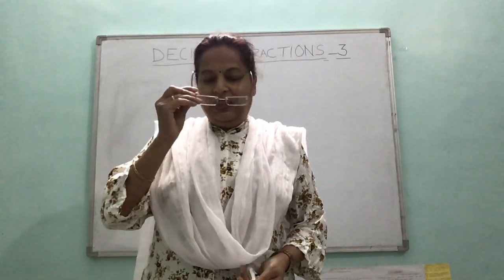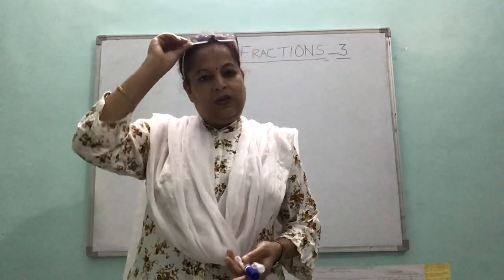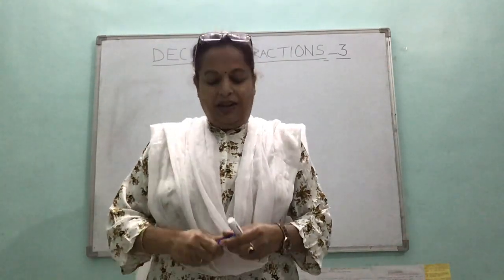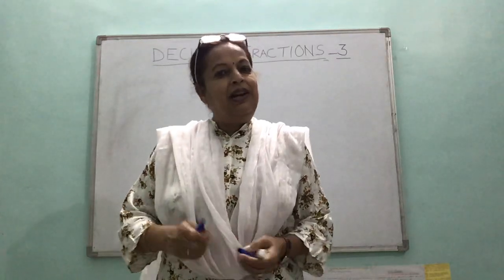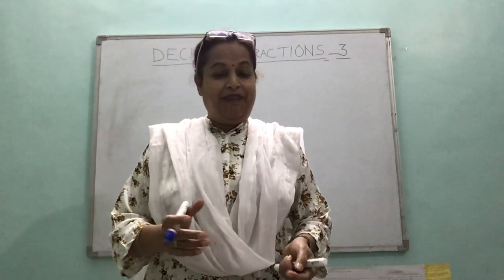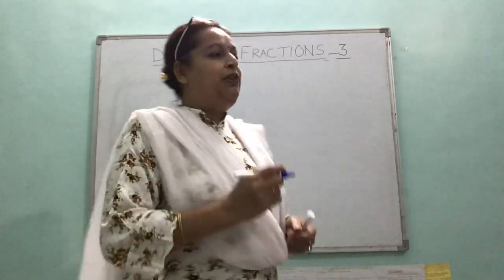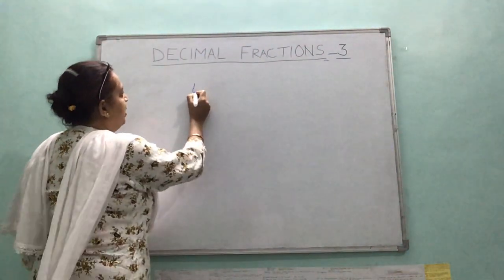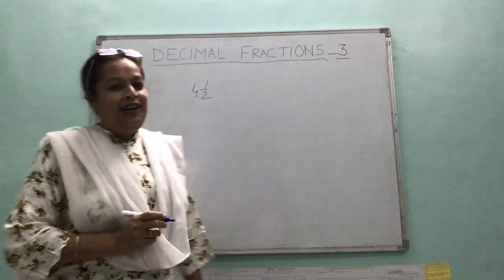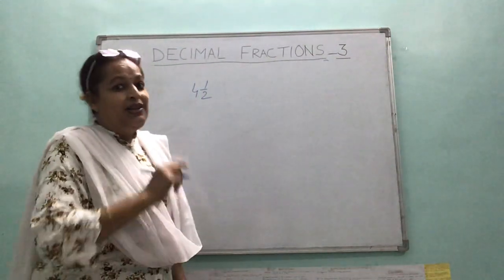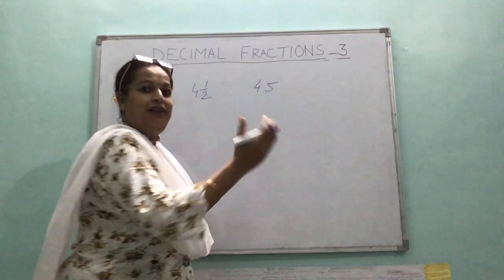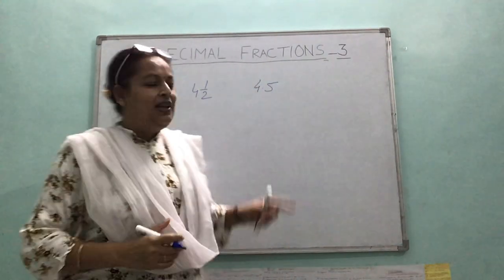Today let's take some examples, or let's just discuss one thing. Now if you get 4.5 marks out of 10 in your test, you know it is also written as 4 and 1/2, you are used to this.